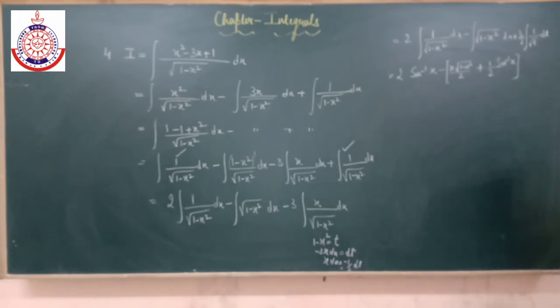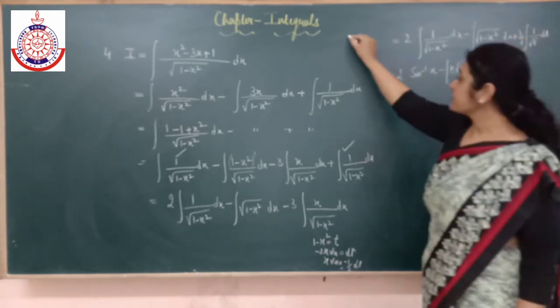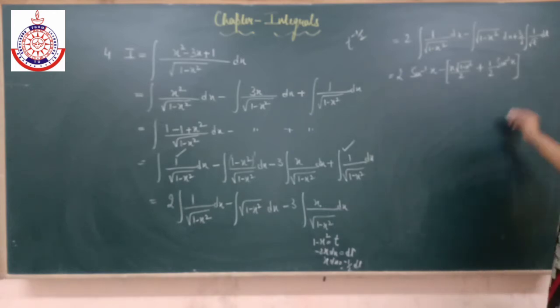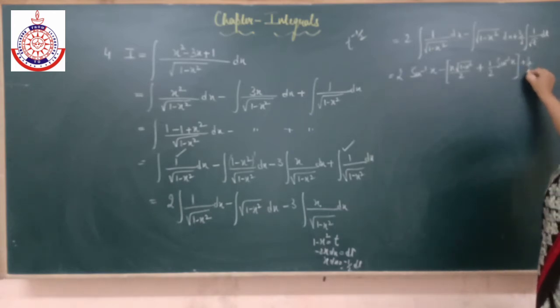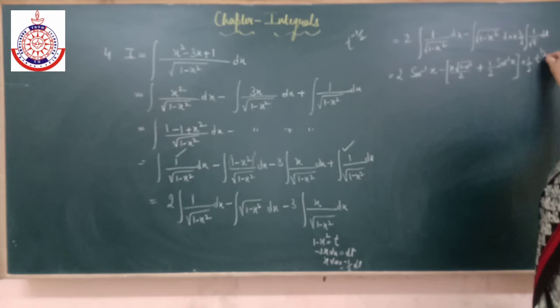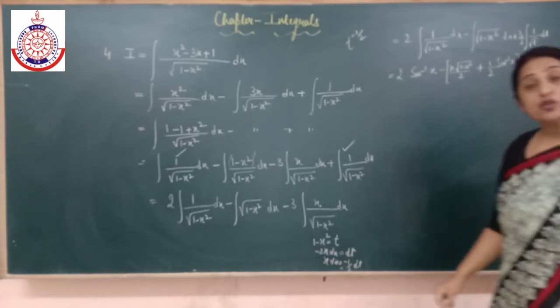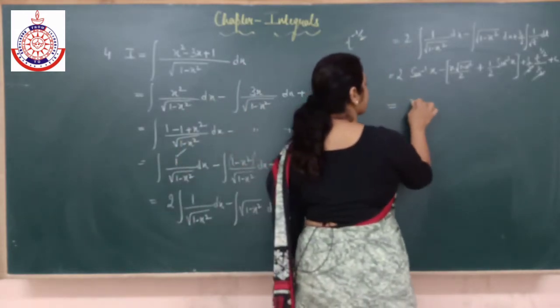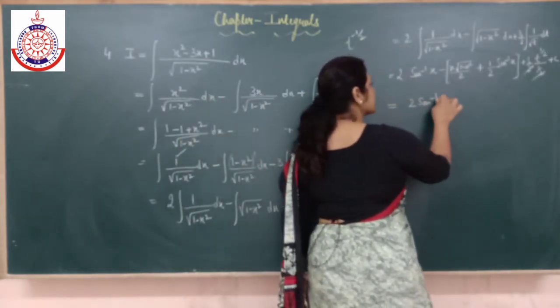Clear? Alright. And this is under root t in the denominator. How will it be integrated? t will go up. Increase the power by 1 divided by the increased power. So it will be t raised to power 1 by 2 upon 1 by 2, plus c. Replace the value of t. 2 sine inverse x.